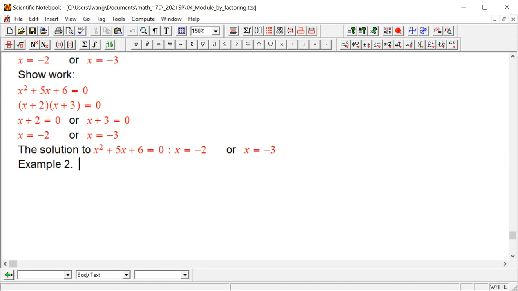Example number 2. Suppose that I have x squared minus 3x equals 4. Then I can factor the left-hand side.